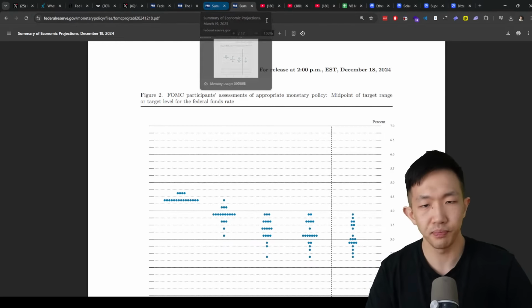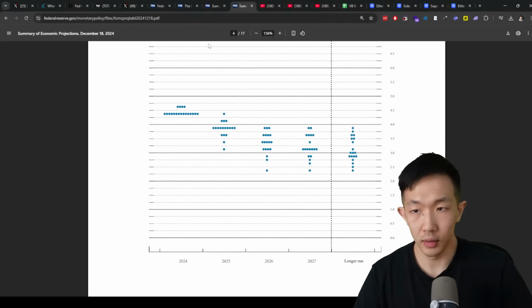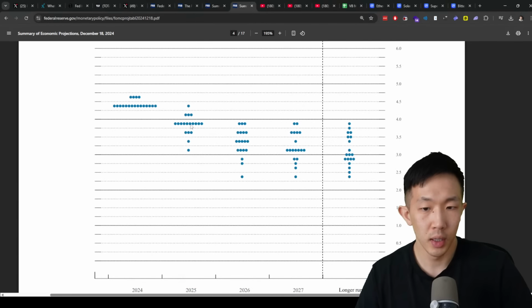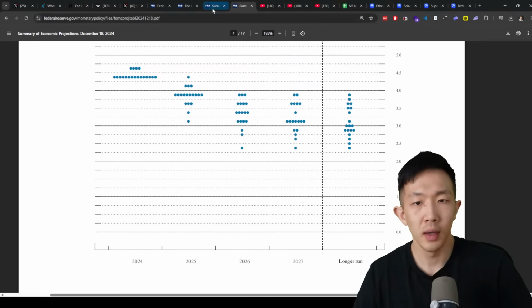They're all the same. So here you can look at, this is directly from the Fed's website, December 18th dot plot. The number that matters is right here. So end of 2025 the projection for the Fed funds rate is just above 3.75%, between 3.75 to 4. And today, the same dot plots came out, and you see end of 2025 projections between 3.75 and 4. So the exact same.